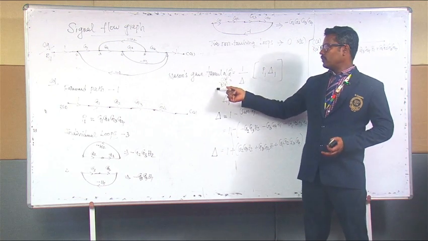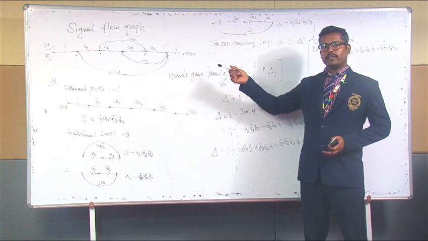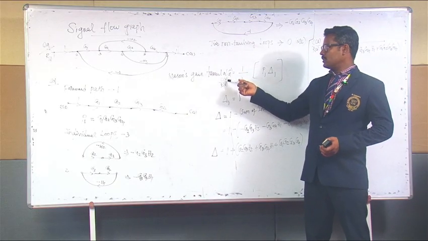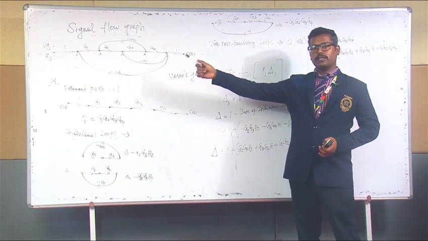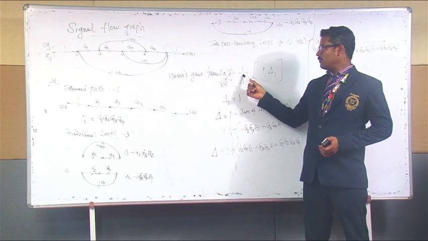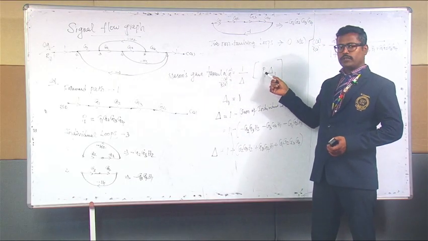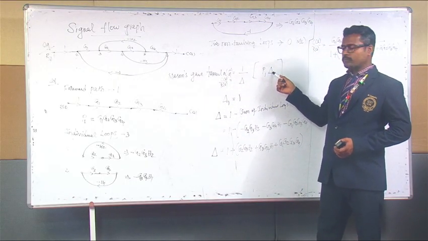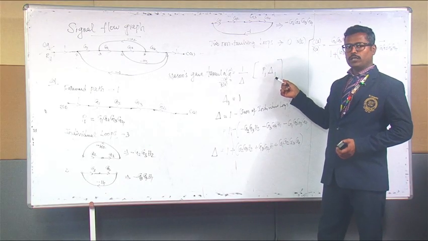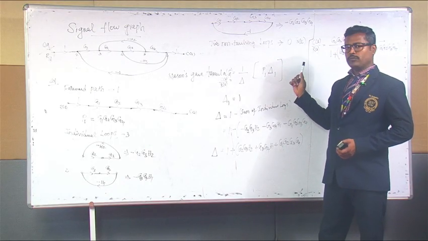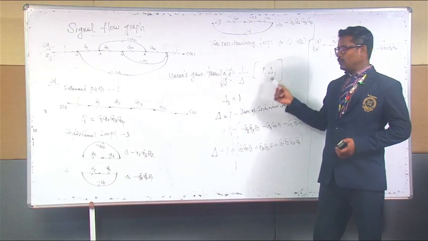So we can go to the Mason's gain formula for calculating the transfer function. C of S is the output and R of S is the input. So output by input equals 1 by del summation of pk into del k. Here it is P1 into del 1, only one forward path, and we can remove the summation.